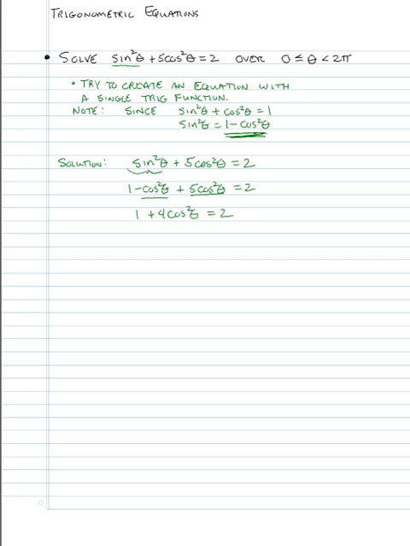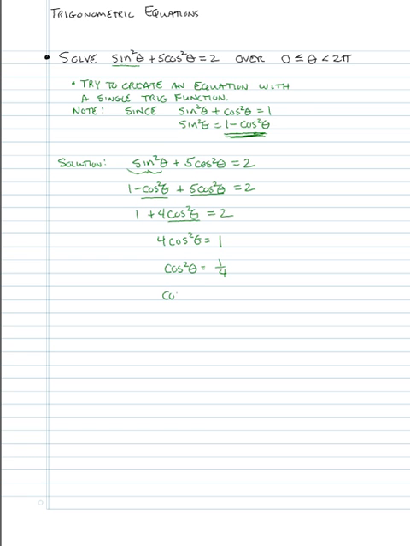Now we can solve for cosine squared theta. We subtract 1 on both sides, and when we do, we'll have 4 cosine squared theta is equal to 2 minus 1, which is just 1. Then we divide out the 4, so we have cosine squared theta is equal to 1 over 4.